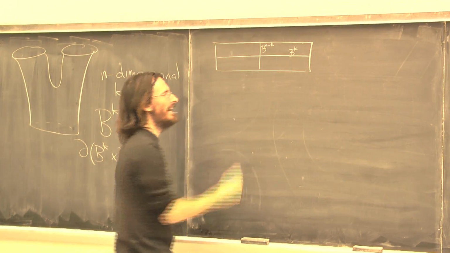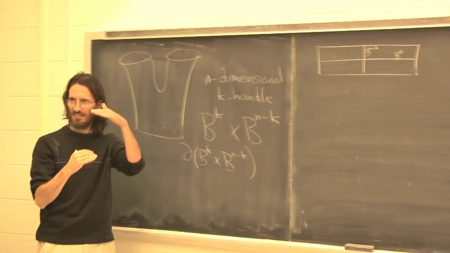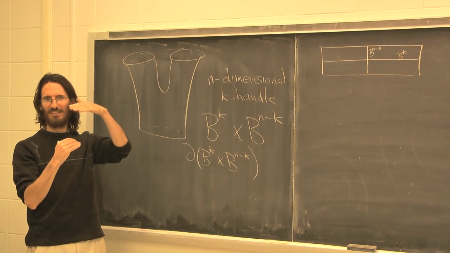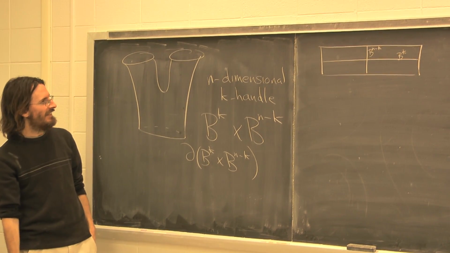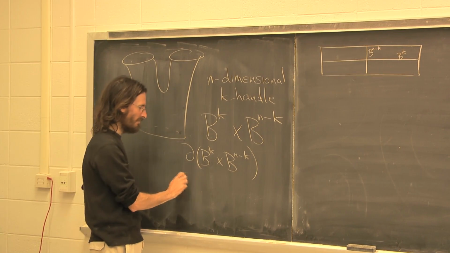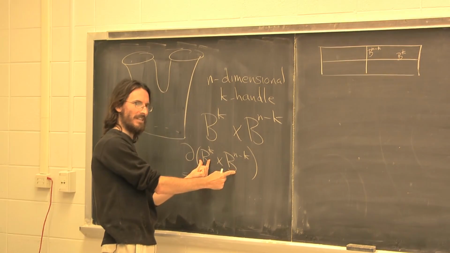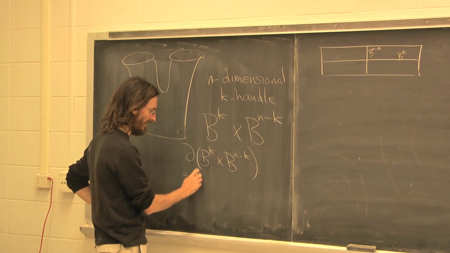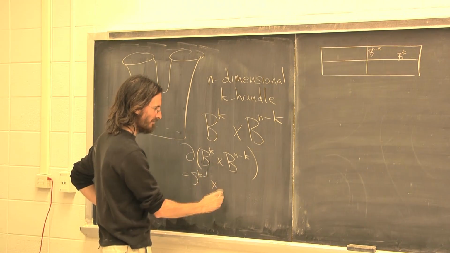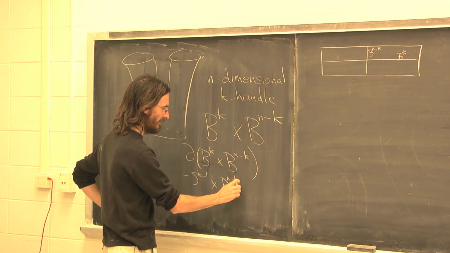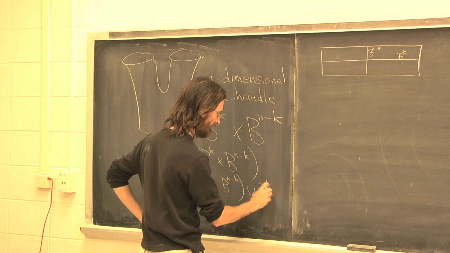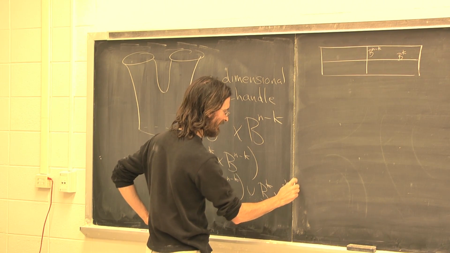Some people like to think of it as a thickened-up k-dimensional ball, thickened up so that the total dimension is n. The boundary of it naturally decomposes as the boundary of this part crossed with that, union this part crossed with the boundary of that. So that's S^(k-1) times B^(n-k), union B^k times S^(n-k-1).